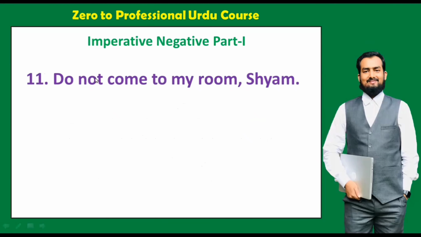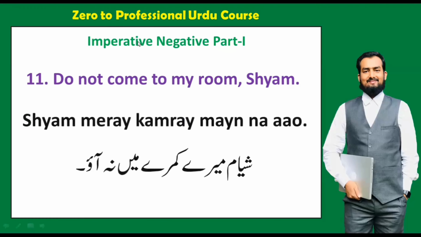There is no context. Okay. So in this context in Urdu, we will say Shyam mere kamre mein na aao. Okay, so here Shyam, name of person, that is why we said first Shyam, and to my room we will say next, because this is related to an object or something like an object.